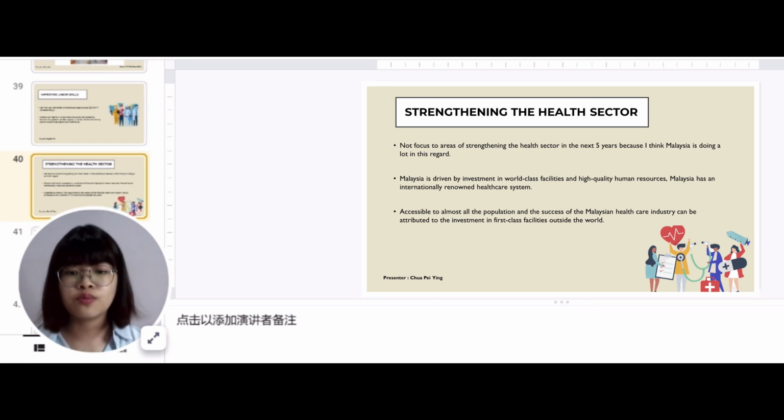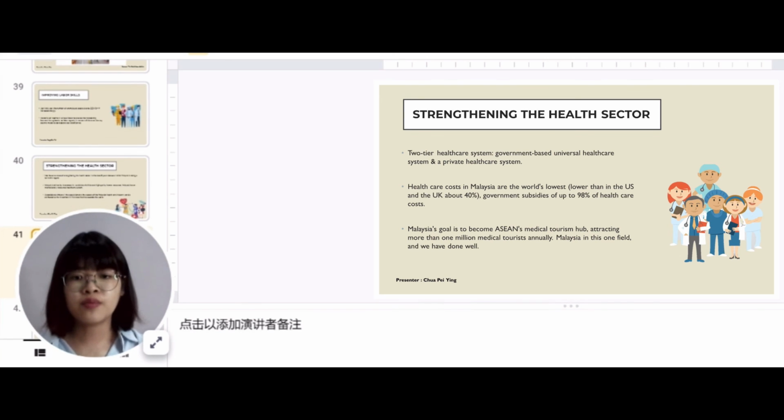In addition to public hospitals, it also provides specialist services. The country operates a two-tier healthcare system: a government-based universal healthcare system and an efficient private healthcare system.